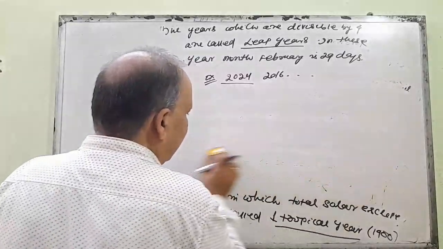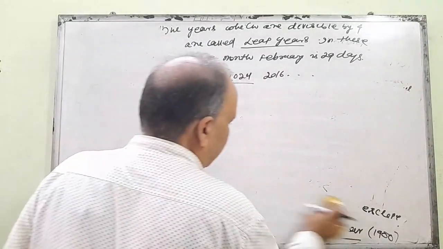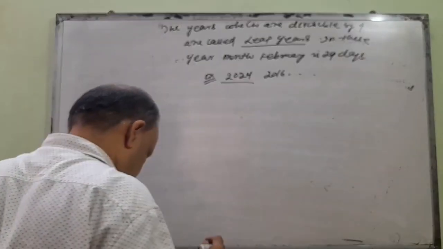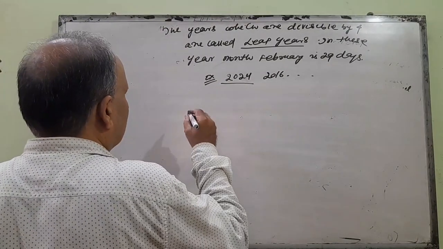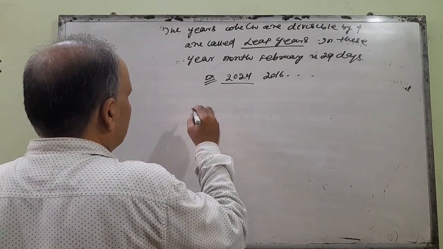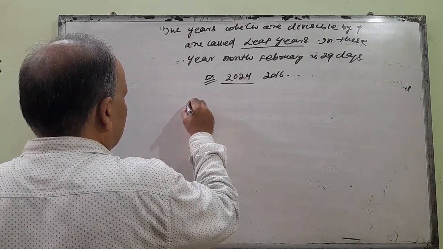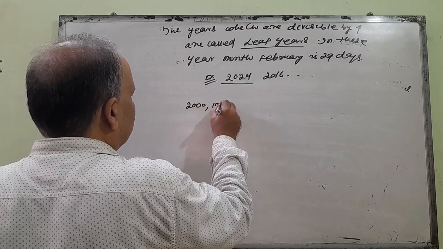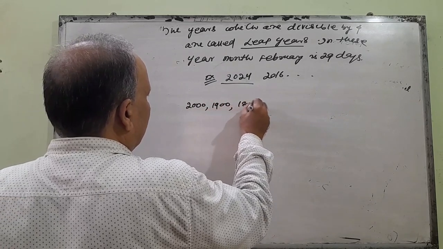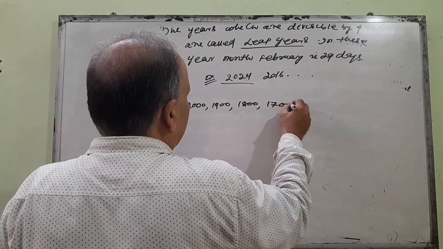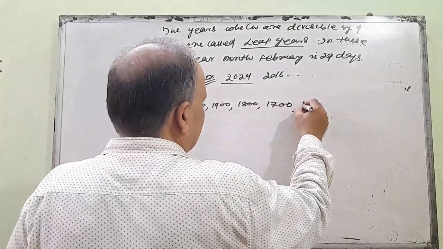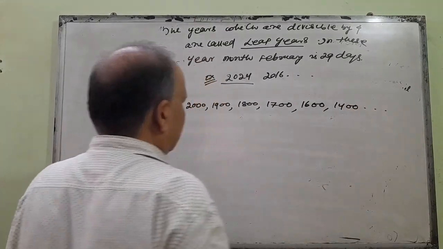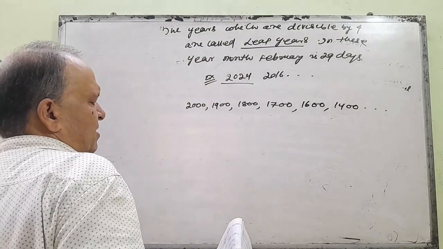Again you see, a very interesting fact, many of them don't know, about century ending years. Century ending means your 2000, 1900, 1800, 1700, 1600, 1400, like this. What are these years?